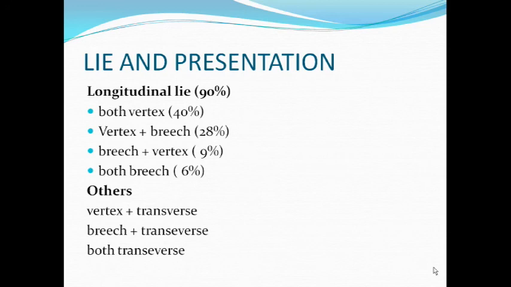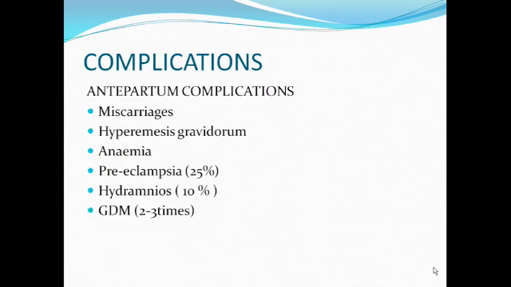In 9% the first is breech and the second vertex, and in 6% both are breech. You may find a combination of lies also: vertex with transverse, first breech with transverse, or both transverse.